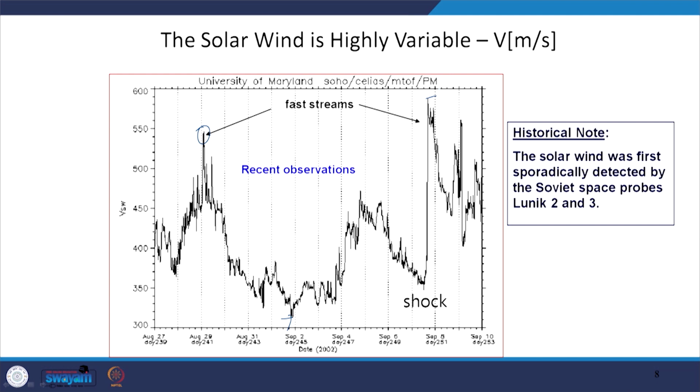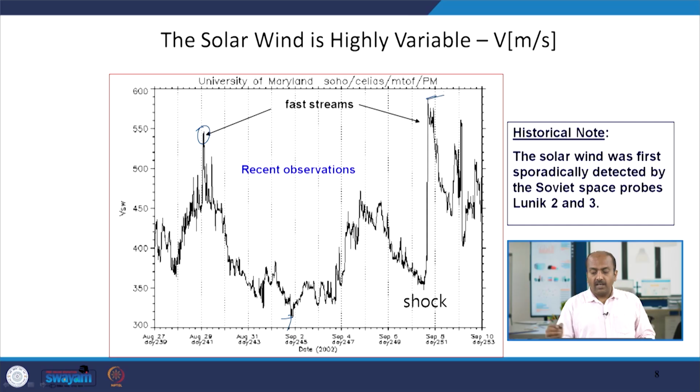These velocities are demonstrated by fast streams. If you see the x axis, the variation is over a few days, not more than 10 or 15 days. Within this short period of time, the solar wind velocity can go from a very low value of 300 kilometers per second to as high as 600 kilometers per second.